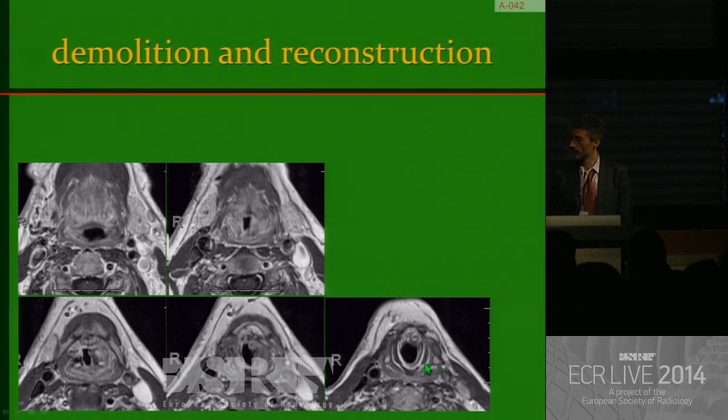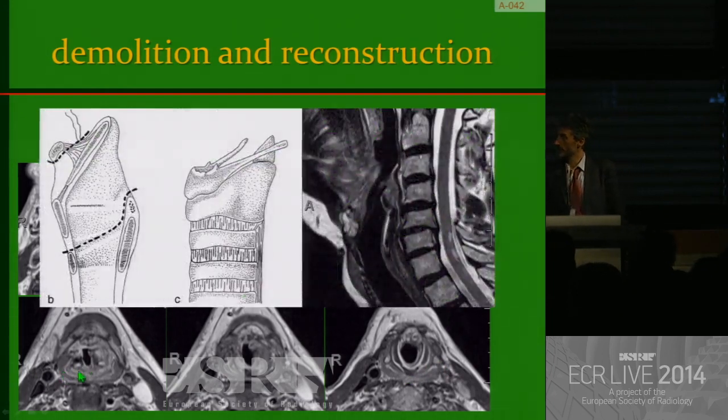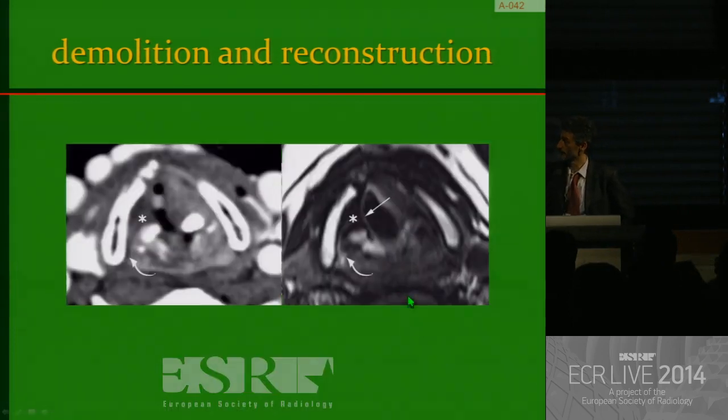You just have the cricoid cartilage. You have the arytenoid. So what is going on? Simply, this patient has been treated with a supracricoid laryngectomy, and this is the anatomic scheme of what is resected and what is left after this surgery. If you know what a supracricoid laryngectomy is, understanding those images is much easier.